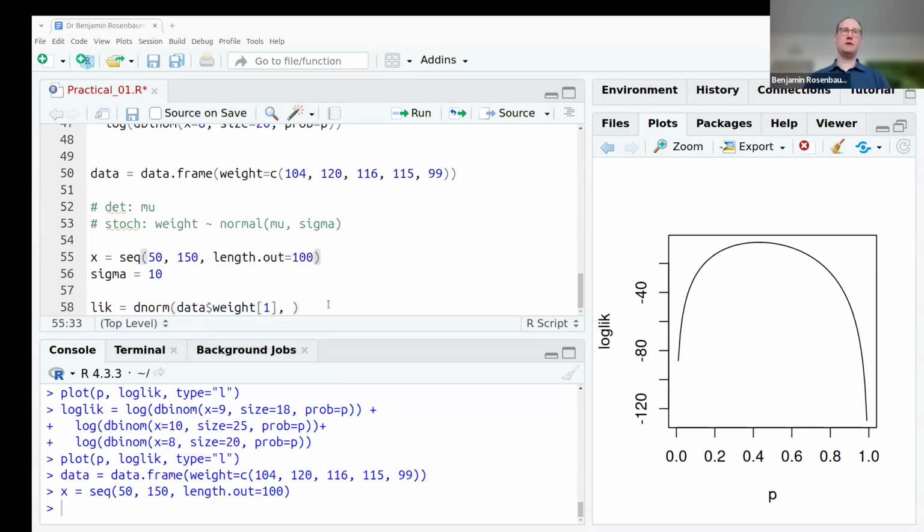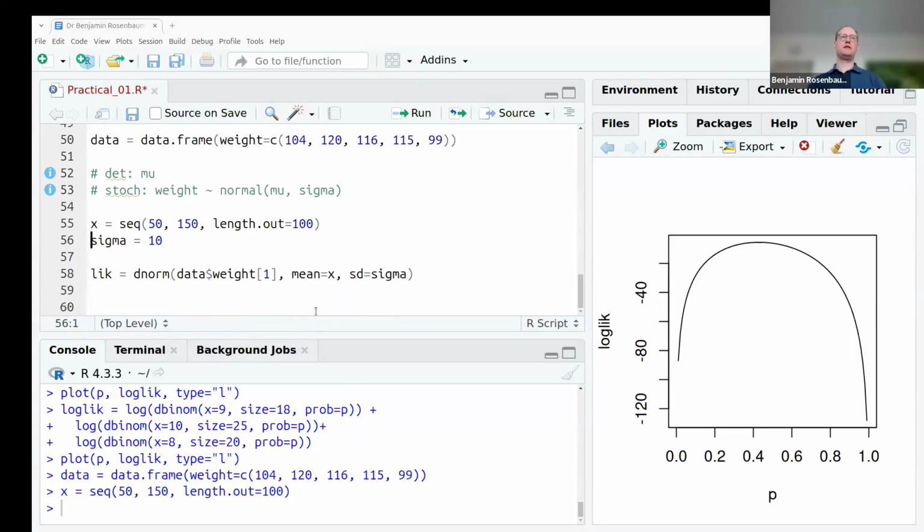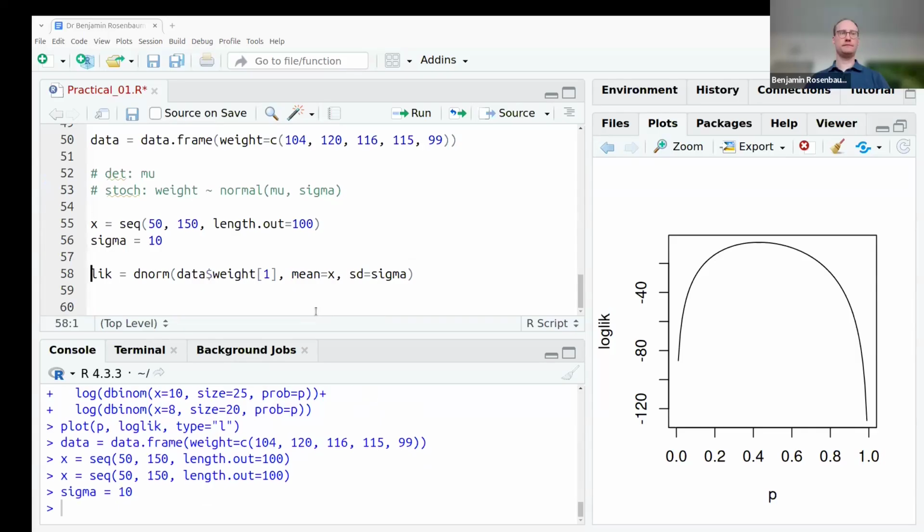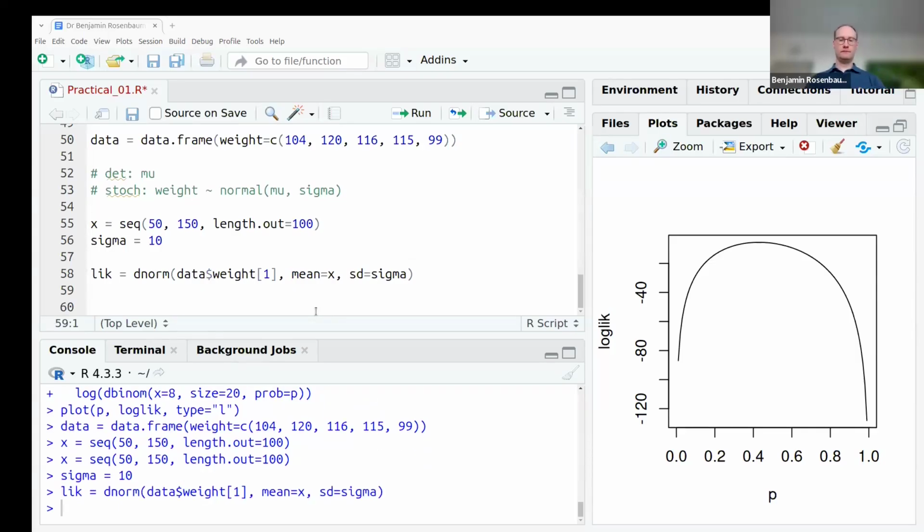The mean is equal to, in this case, different values of x, so we're testing all of them at once. And the SD, so the standard deviation, is equal to sigma, which here is fixed for now. And again, we can plot the likelihood function versus these parameter values.